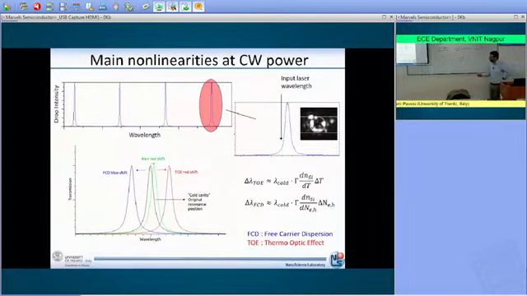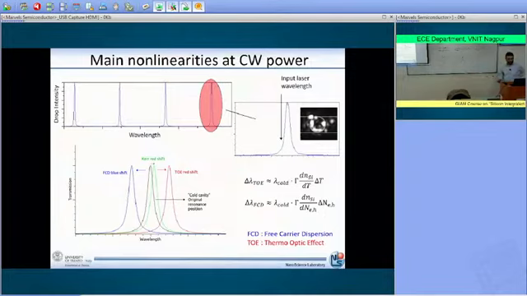So then, since we have a power dependence of the refractive index, we also have a change of the resonance of the microring resonator. And the change is quite interesting, because we may have a blue shift in the resonance caused by the increase in the free carrier concentration, or we may have a shift to the red caused by the increase in the temperature.